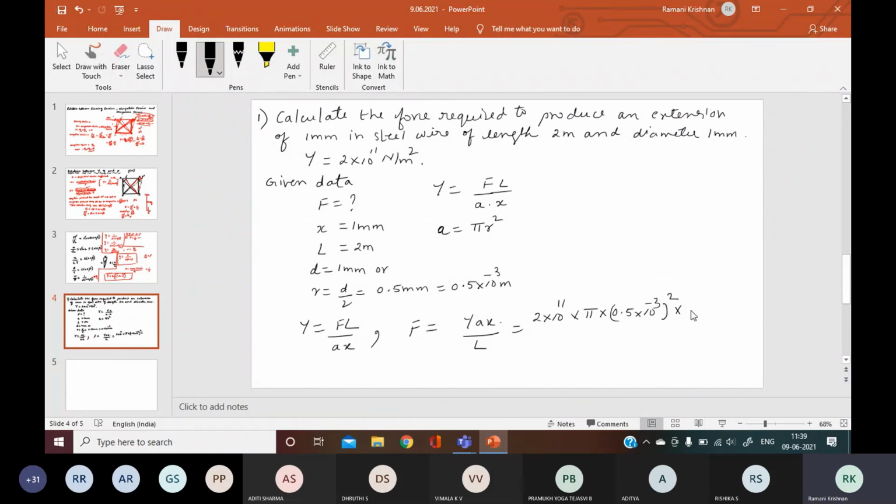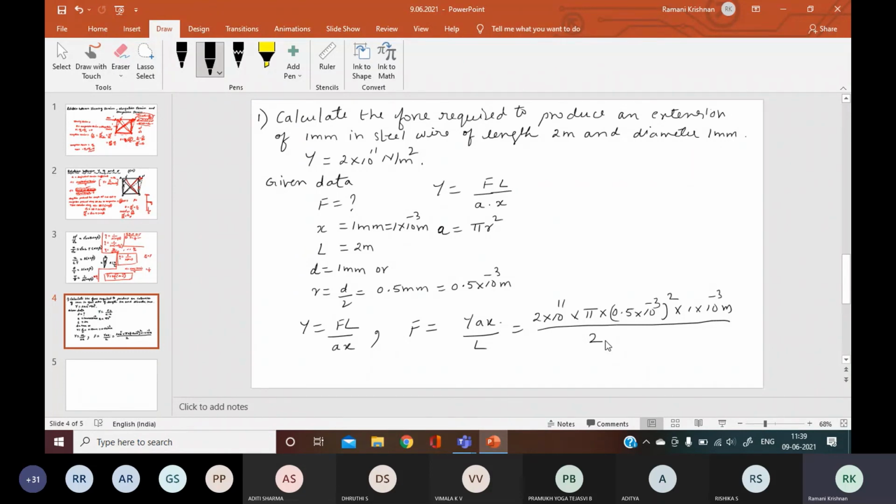Extension, I didn't convert it here also. You have to show 1 into 10 power minus 3 meter, divided by the length of the wire, 2 meters.